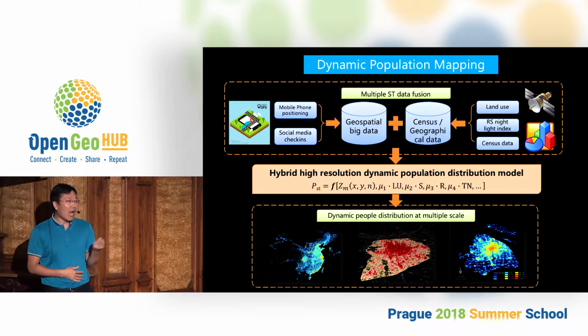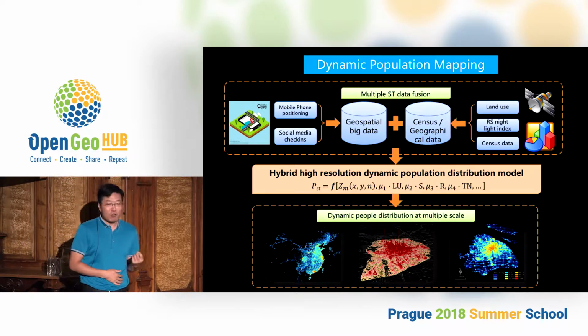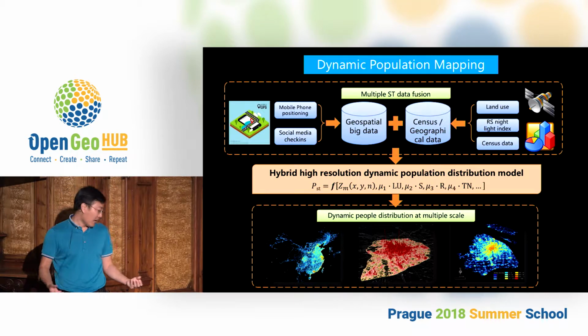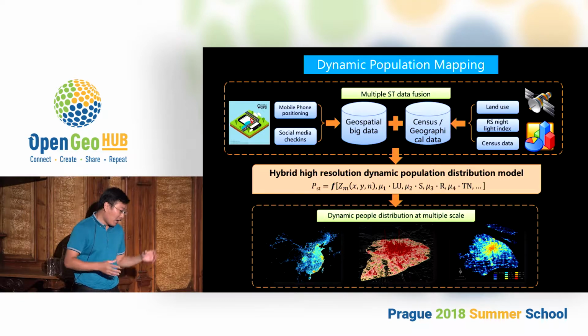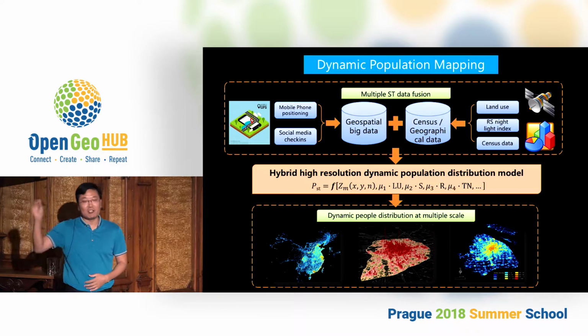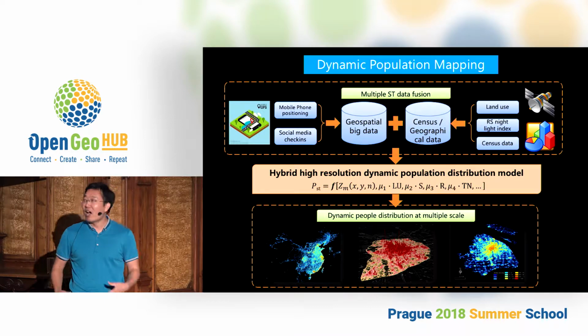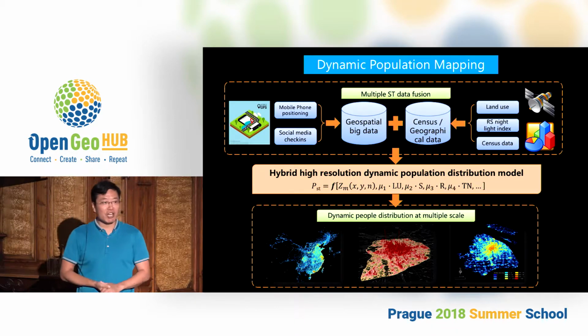We build a hybrid high-resolution model that combines the commonly used sensor data and this kind of geospatial big data, like the mobile phone positioning and this kind of POI and social media check-ins.